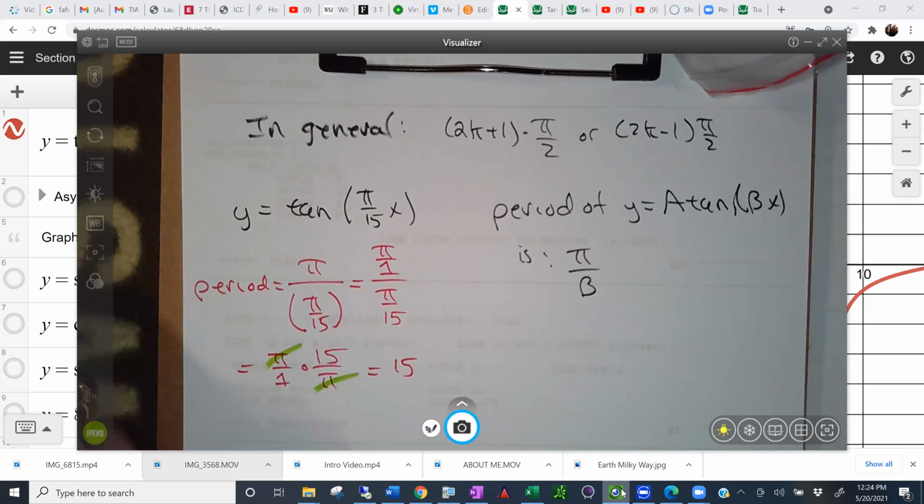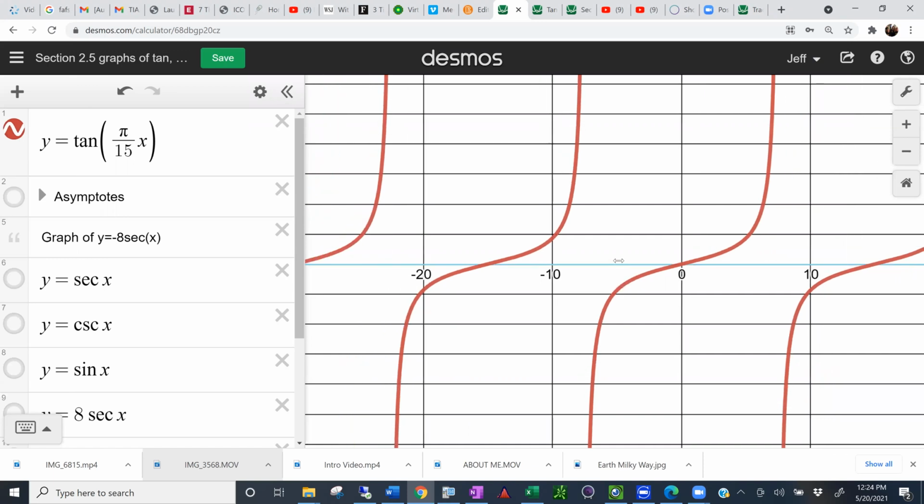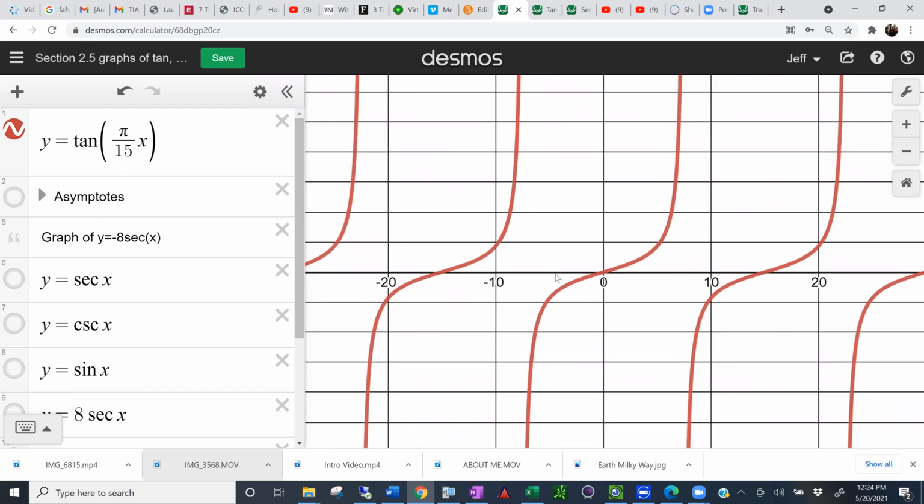How are we going to be able to tell from our graph that it's actually 15? What does it mean for something to have a period of 15? Can someone put that into words? Just how long it takes to repeat itself, right? Yeah, it's how long it takes to repeat itself. Thank you, Pat.